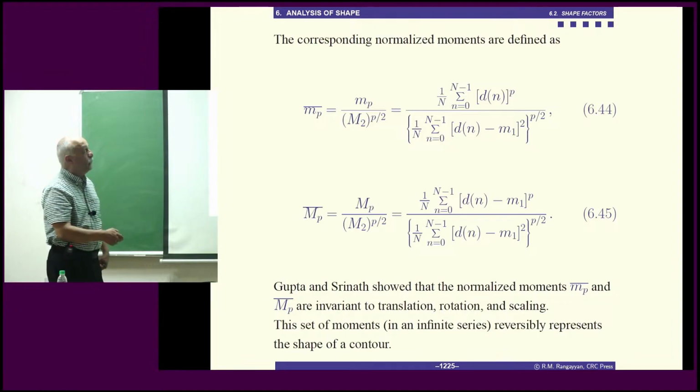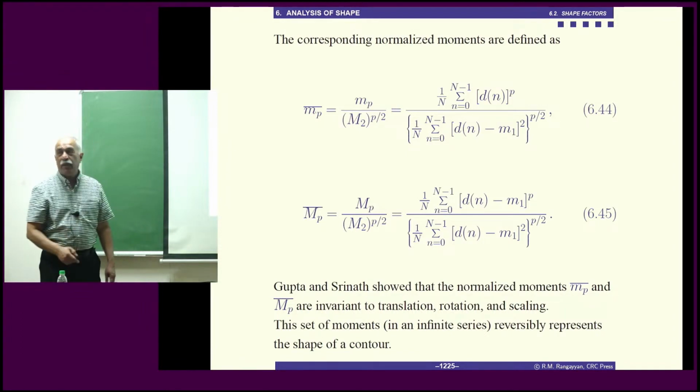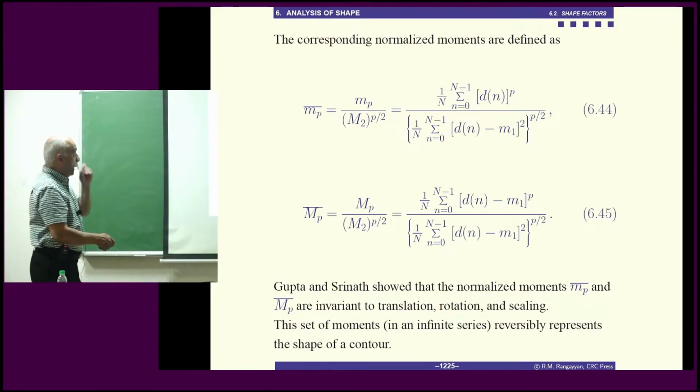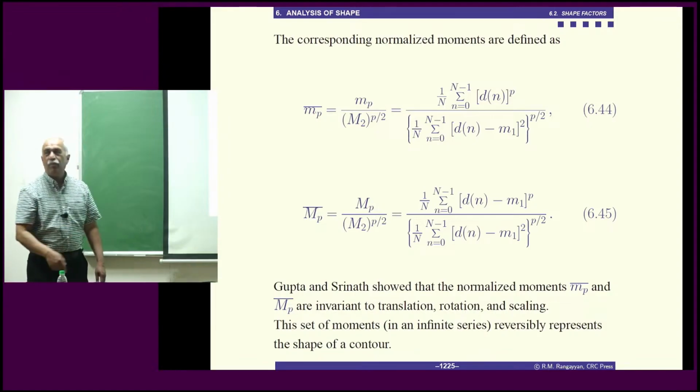That's of order 2. This is of order p. So raise this to the power of p over 2. So this also is of the power p, that is power p for normalization. And then the same for centralized. dn minus m1, this is the central moment. The denominator is the same. This is the variance to the power of p over 2 for the pth order moment.